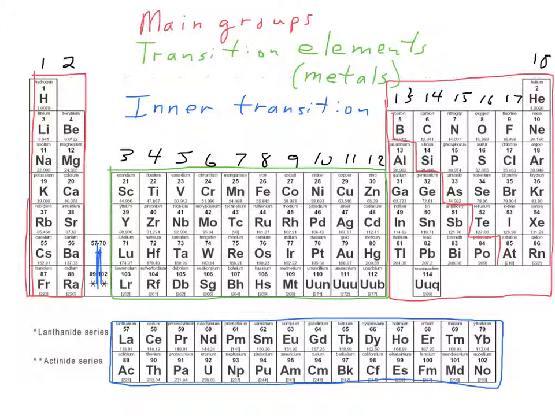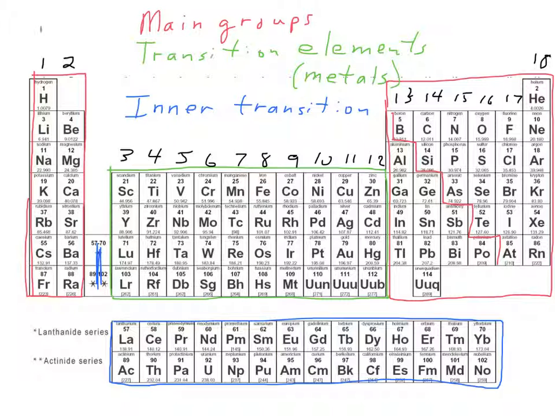This official numbering scheme, however, is not very commonly used. What's more common, and what I will use in this course, is simply to refer, not even to group numbers for the transition elements, but to group numbers just for the main groups.